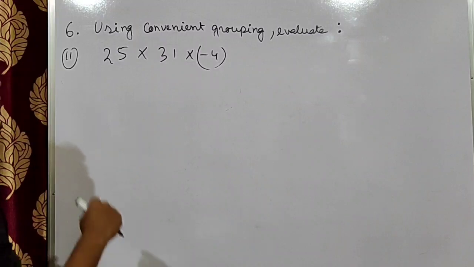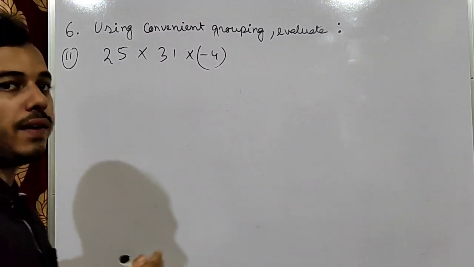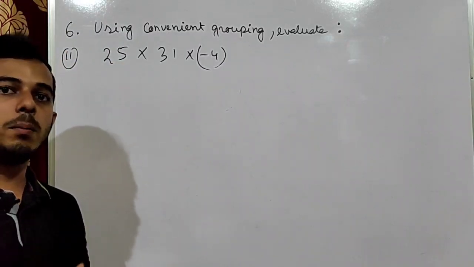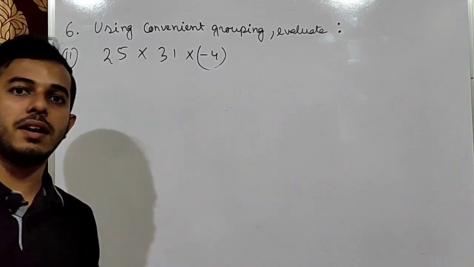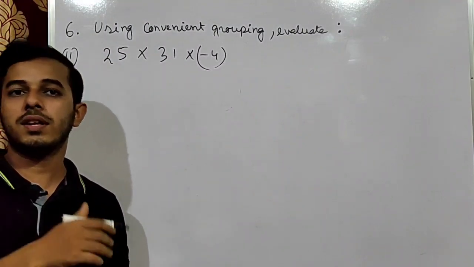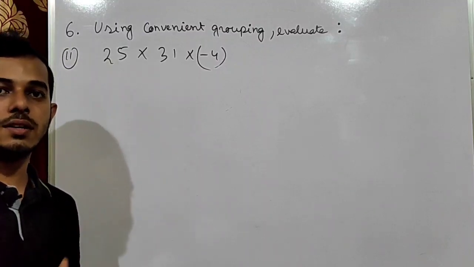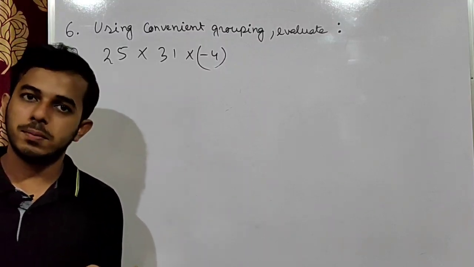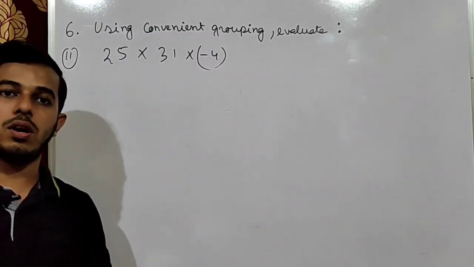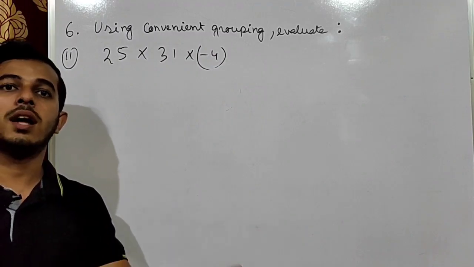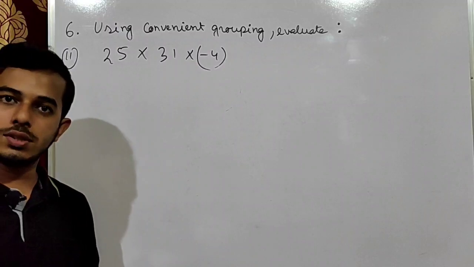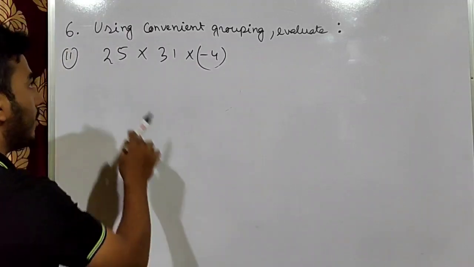Clear? If we can find any number like 10, 100, 1000, then we can find the product easily, and it is very helpful for us. It is very easy to find the product of any number with 1, 10, 100, 1000. We'll just put that number and count how many zeros are there. Clear? That is why I have chosen this.